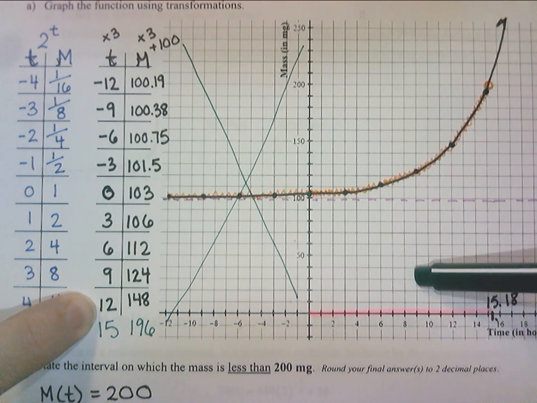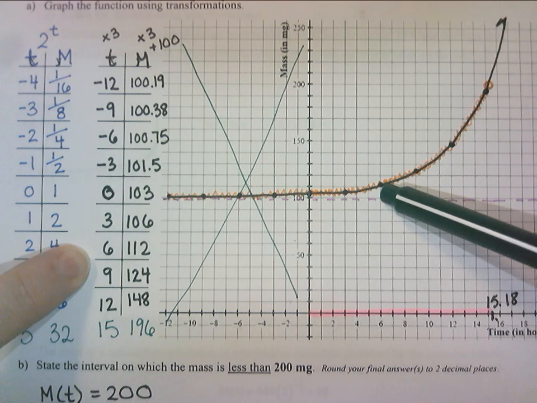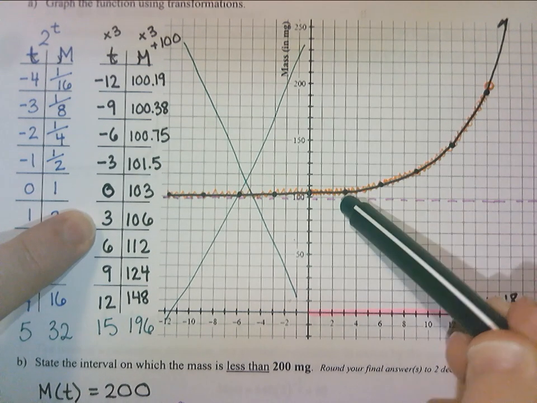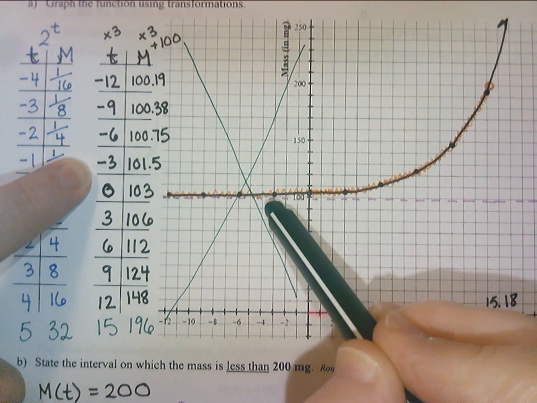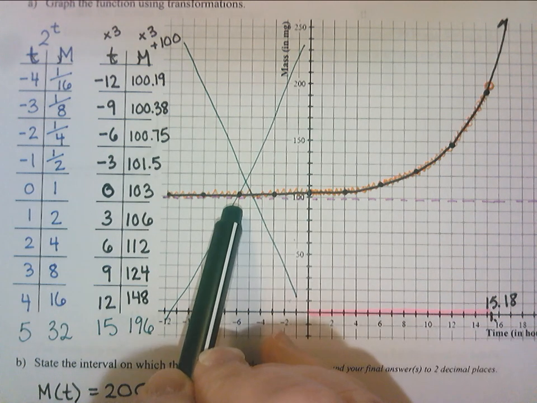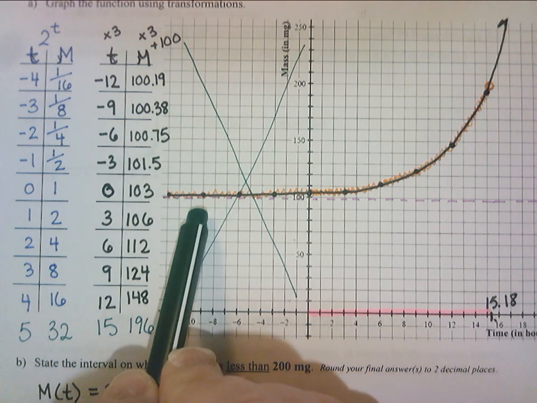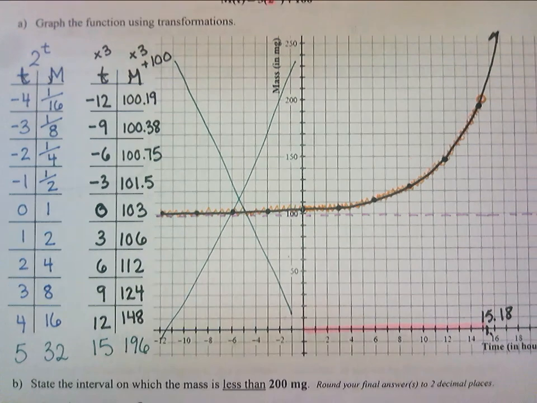I had 9 and 124. We had 6 and 112, 3 and 106, 0 and 103, -3 and 101.5, -6 and 100.75, -9 and 100.38, and then -12 and 100.19.